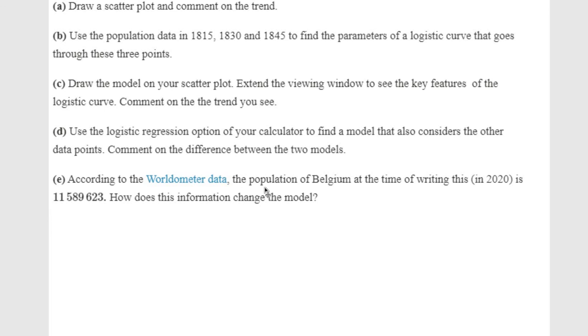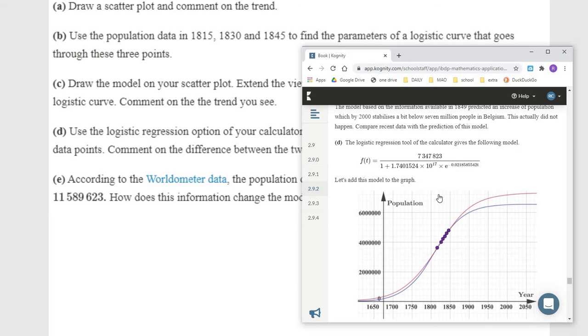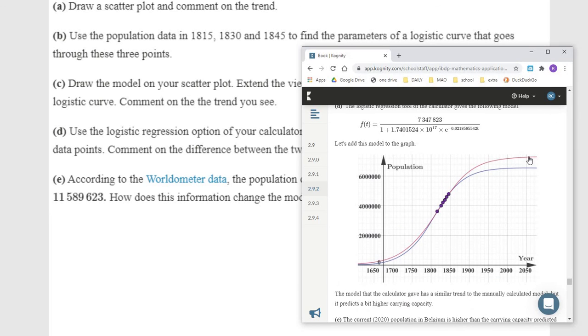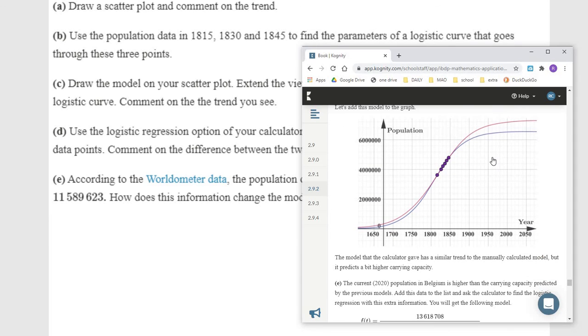And let's see. Commenting on the difference between the two models. Okay, so here we can see both models represented. The only real difference is the pink one's a little bit higher, and that means it predicts a higher carrying capacity. Whereas the one we did by hand kind of predicts it on the lower end because it's below it.